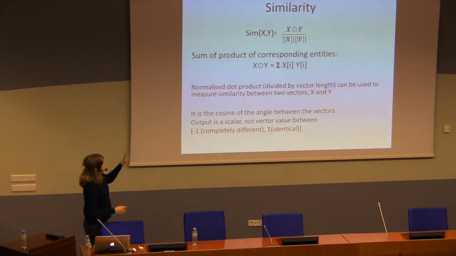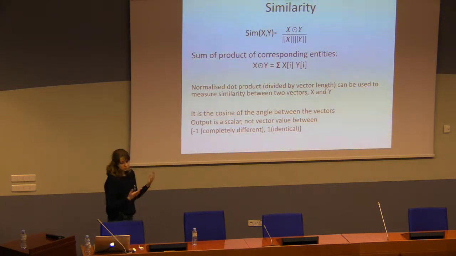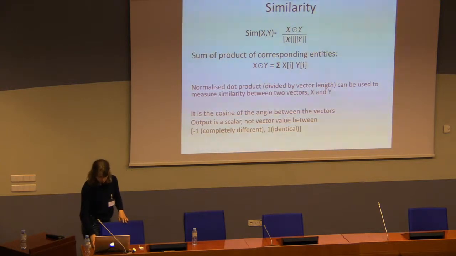It's actually just normalized dot product, and it's a nice way of comparing structures without decomposing them. So it's a holistic approach here. Basically, you get the dot product, and then you normalize it, and then you get a value which is between -1 and 1, -1 being completely different, and 1 being identical. So this is a way that we measure similarity here.